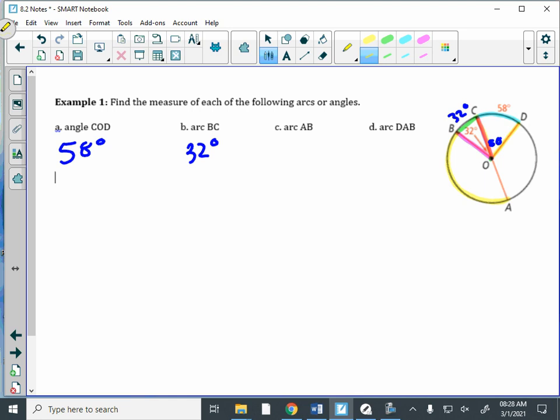It's a semicircle. Semicircles equal 180 degrees. If we take away BC, the green arc, that will leave us the measure of the yellow. So all you have to do here is 180 minus 32, and that will tell us what AB is. What is 180 minus 32? 148. So that arc is 148 degrees.